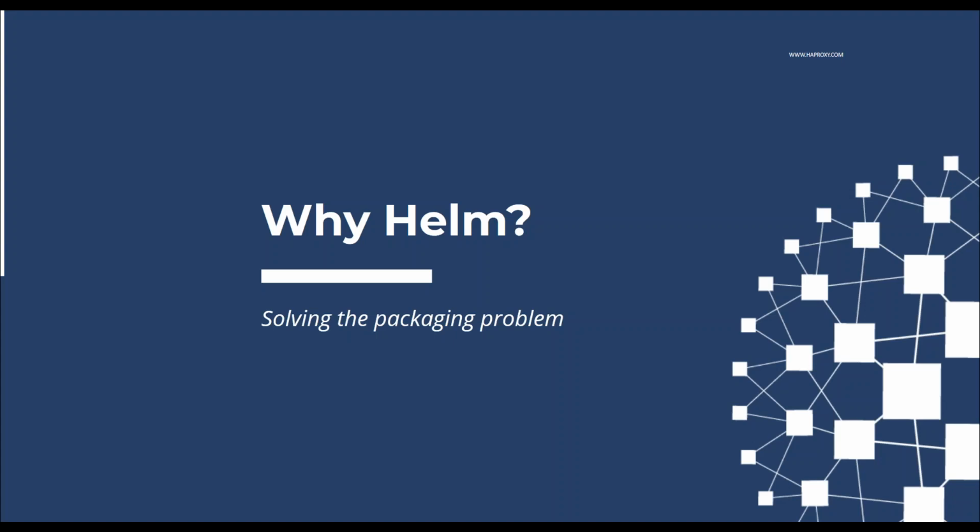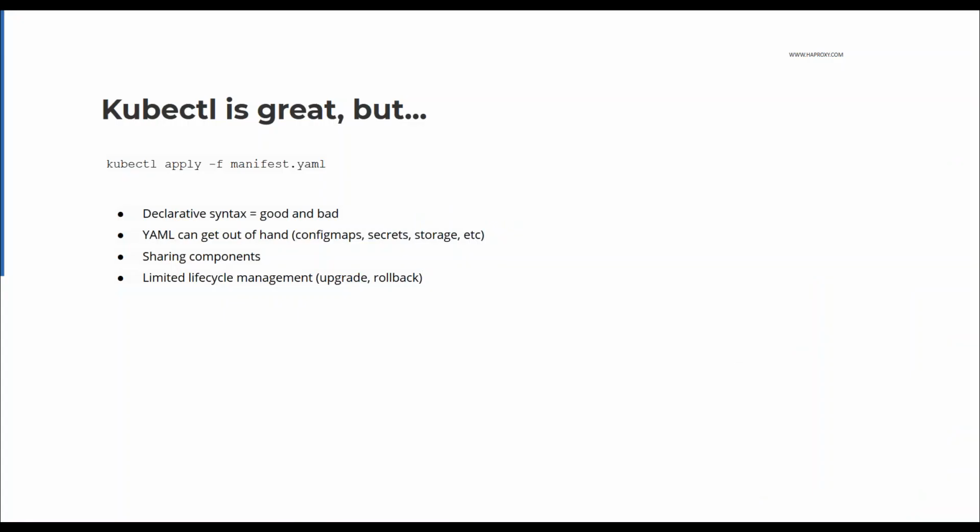So first off, why Helm? What are we trying to do here? What is the problem that Helm solves? It's the packaging problem. When we think about what's already out there, you've got kubectl, or kubectl, as some people like to call it. And kubectl is really great because it's built into Kubernetes.